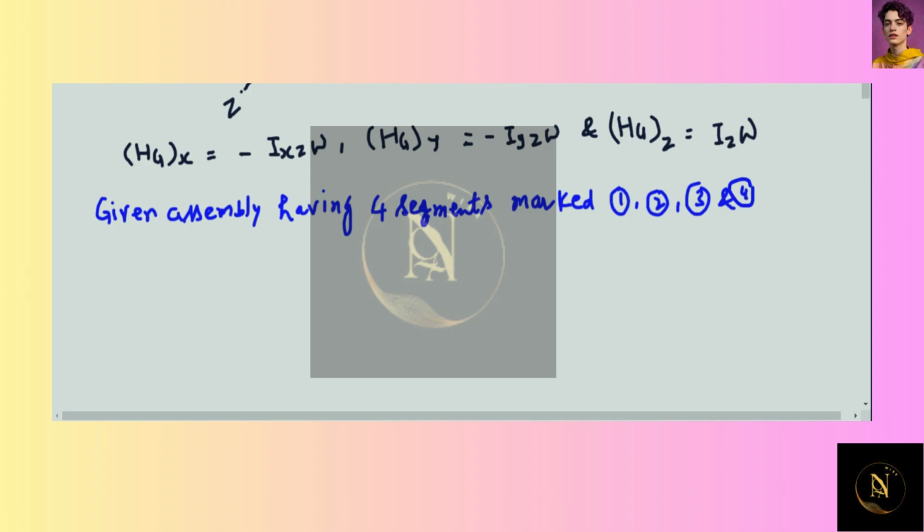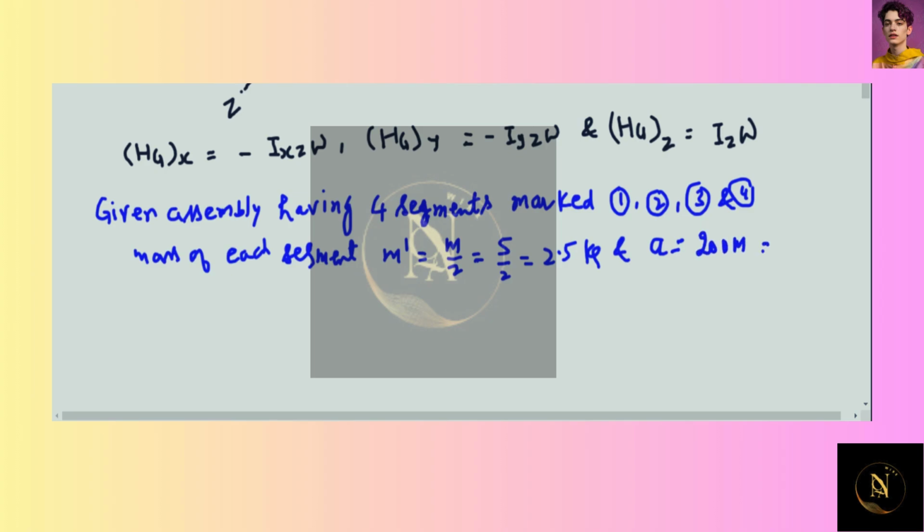The mass of each segment is m by 2, that is 5 by 2, so 2.5 kg, and the side A is 200 millimeter, that is 0.2 meter.